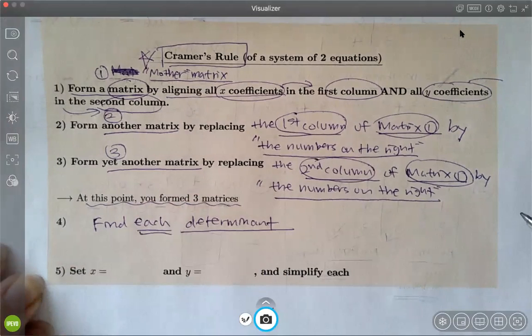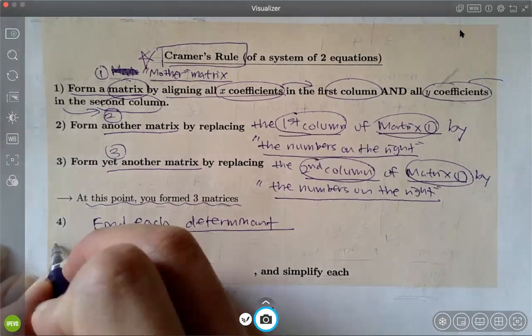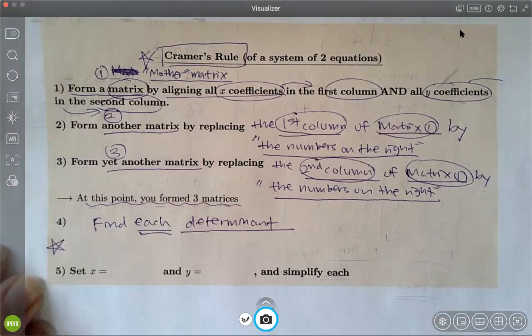Because here we have found 3 matrices, so you have to find 3 determinants, one for each matrix. And there is a special notation to denote the determinant. Yesterday we saw the notation of the determinant, which is the absolute value. Not here, not for this Cramer's rule.